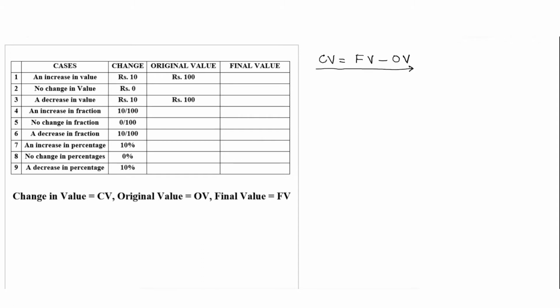So change in value would always be the final value minus the original value. Let's now treat this as a formula. From here, we'll be able to say that the final value will always be equal to the change in value plus the original value.